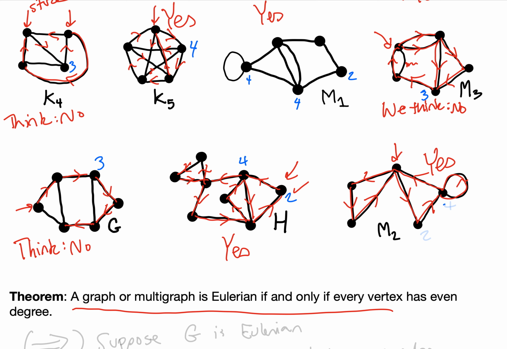So this is the first theorem in graph theory. A graph or multigraph is Eulerian, in other words, contains a circuit that contains each edge exactly once, if and only if every vertex has even degree. The degree of every vertex is an even number.